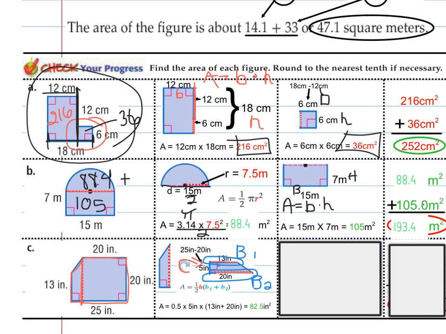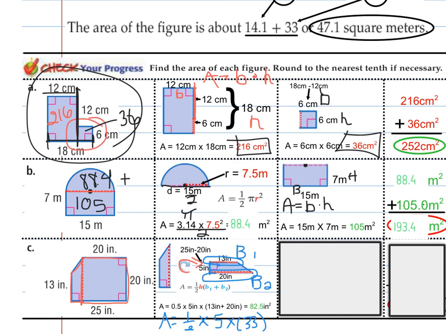When you get that, you're going to simplify it to A equals 1/2 times 5 times 33, which when you solve that, you get 82 and 5/10 inches squared for the area of the trapezoid.